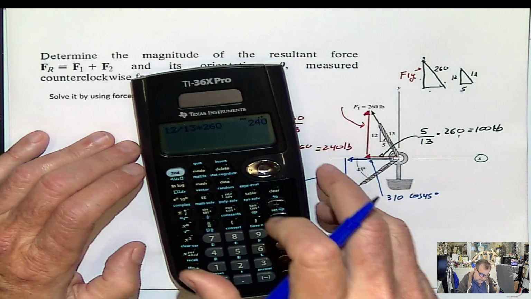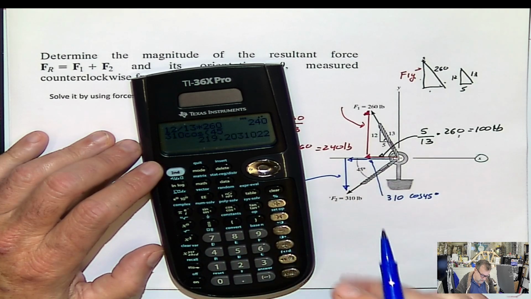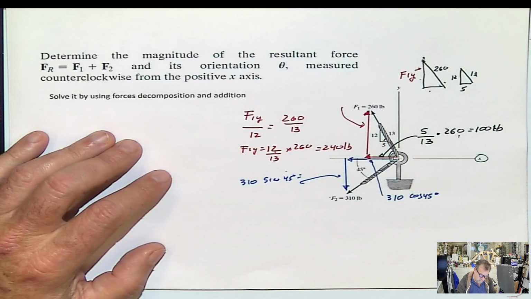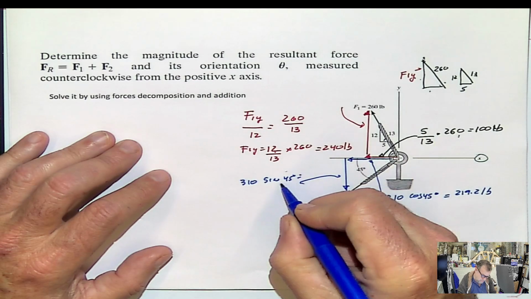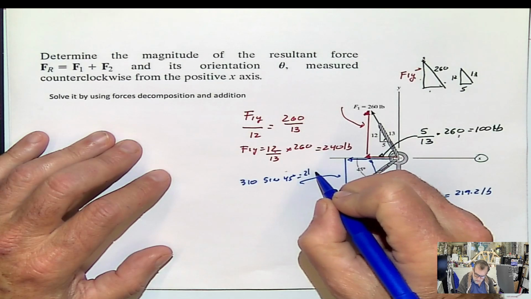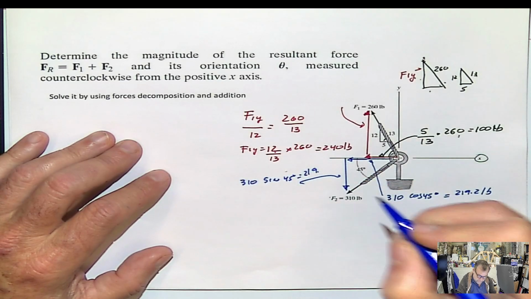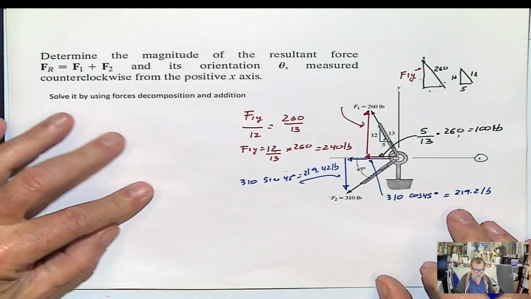How much is that? 310 cosine 45, 219.2 pounds, and sine 45 and cosine 45 are the same, 219.2 pounds.